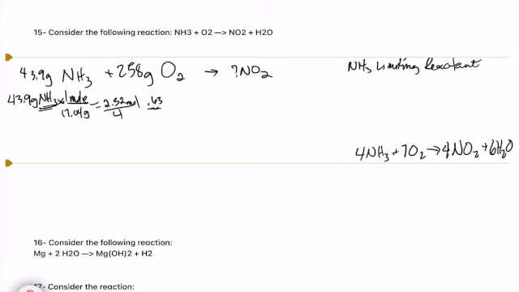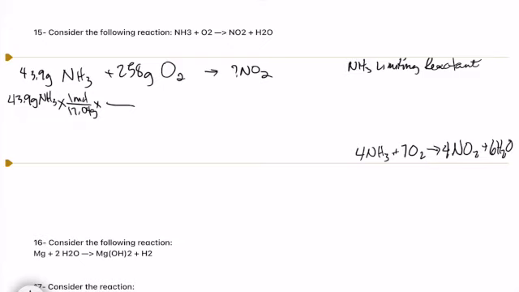So now that I know that I'm going to run out of ammonia first, that's going to allow me to use that to determine how much product we make, our NO2. So I erased more than was necessary, but this is going to help us run our equation more clearly here.